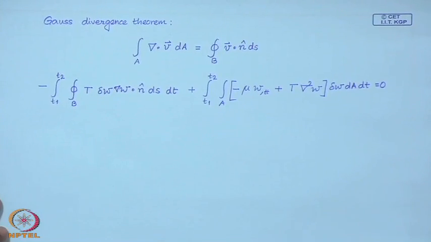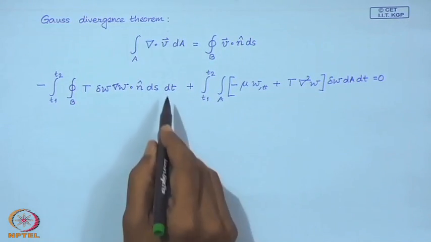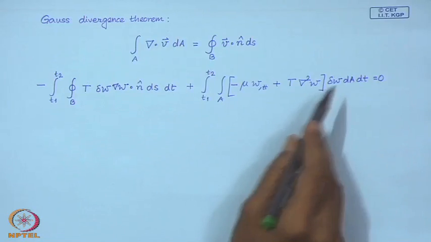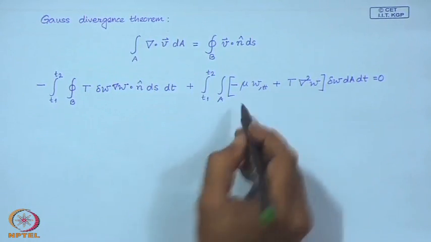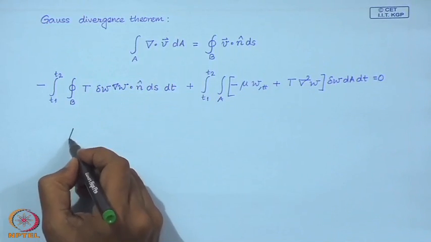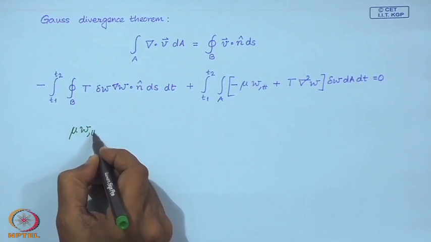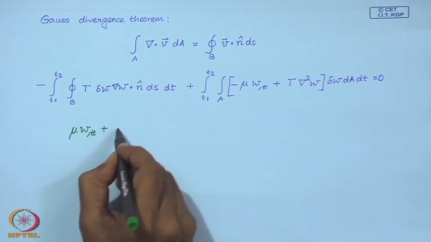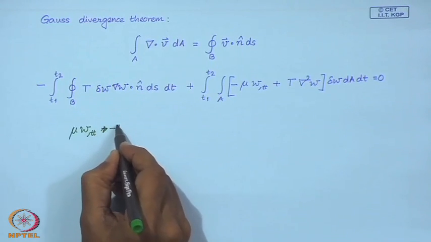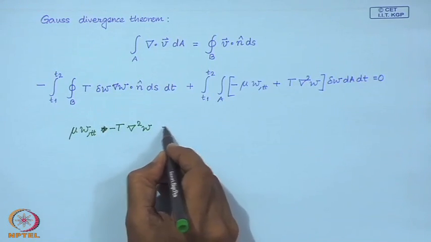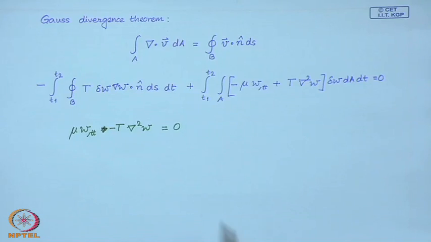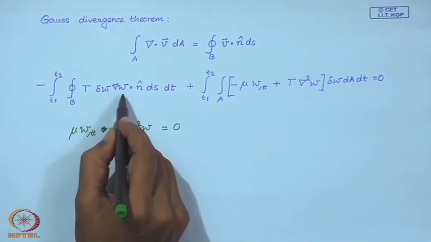Now, once again we apply the argument that the variation over the boundary and over the domain are independent. So, therefore, we obtain directly from here the equation of transverse dynamics, that we had obtained before. And now, from this boundary term, we obtain the boundary conditions.